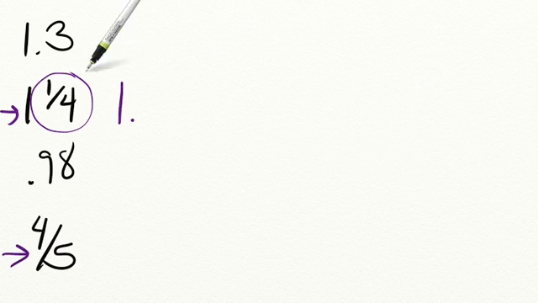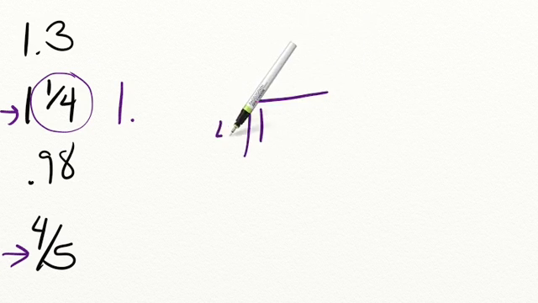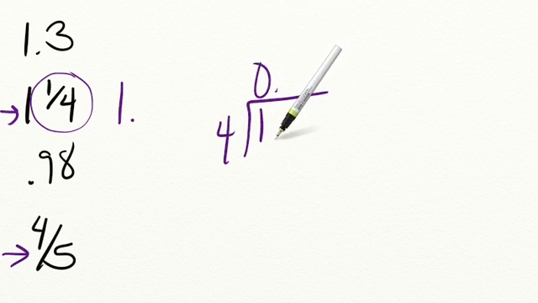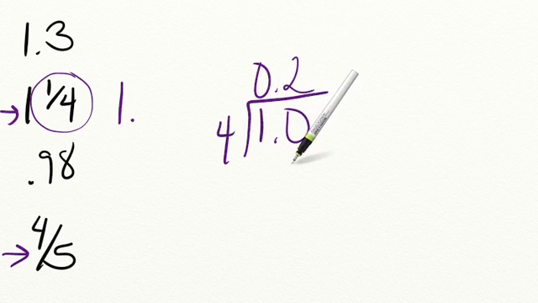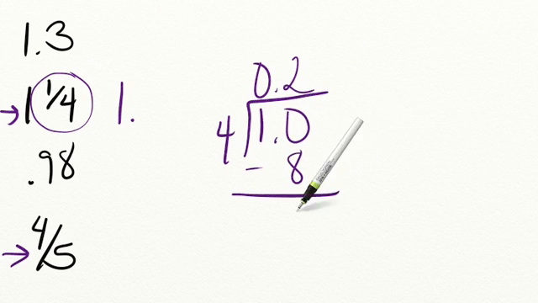So you may remember that in order to change a fraction into a decimal, you actually need to divide your numerator by your denominator. So let's walk through that pretty quickly here. 4 cannot go into 1, so we are going to put a 0 as a placeholder and make sure we put that decimal in. 4 can go into 10 2 times. 4 times 2 equals 8. We subtract out and we get 2.